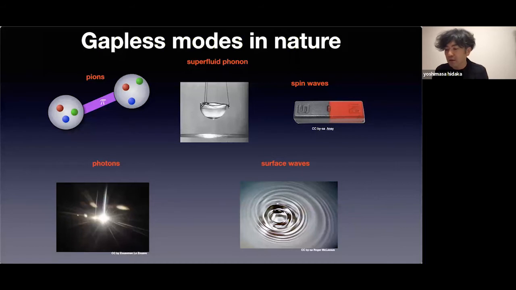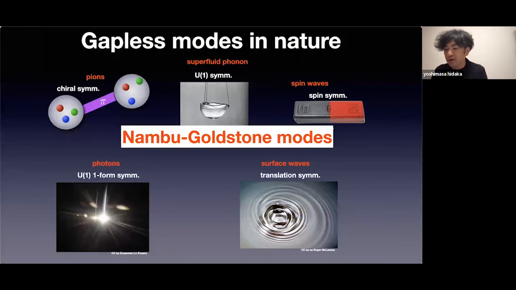Behind this, there is some symmetry. In the case of pions, there is chiral symmetry. In the case of superfluids, there is U(1) symmetry, that is, particle number conservation. In a magnet, there is spin symmetry.